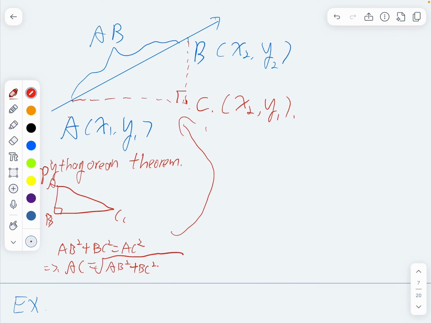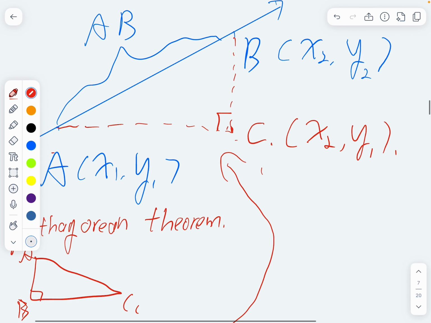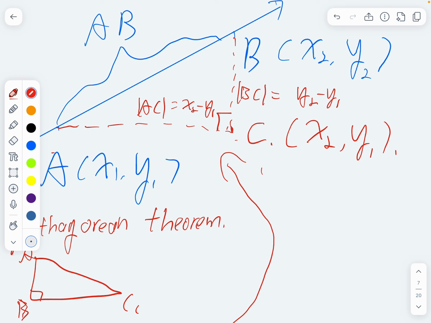So how do we do that? We need to find the lengths of the legs. One leg is x2 minus x1. The other leg is y2 minus y1.